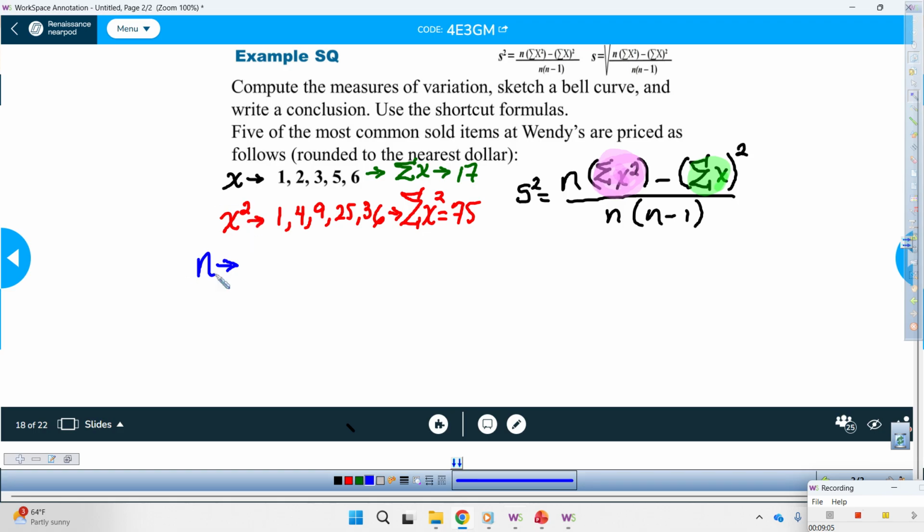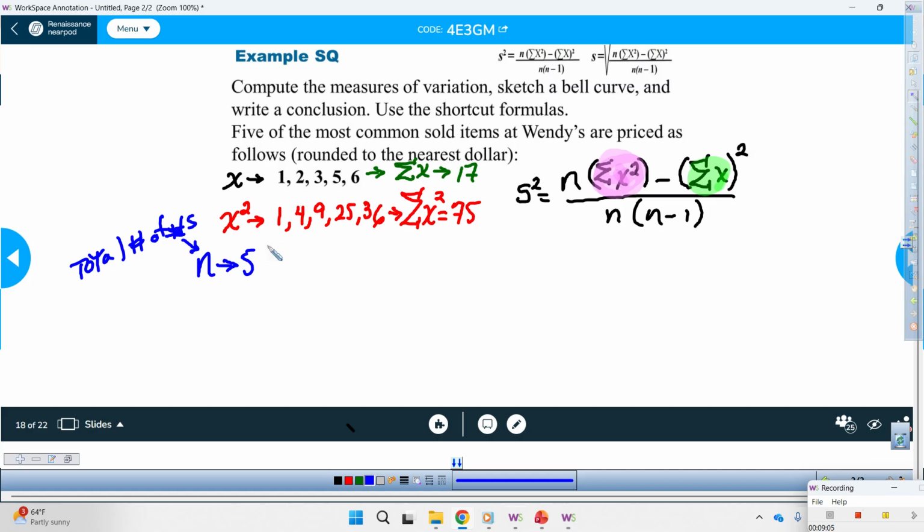No, the variance was s squared. Population is something else. Total number of numbers. Label that, please, so you won't forget. Total number of numbers. How many total number of numbers do we have, people? For x? 5. That's going to be our n.